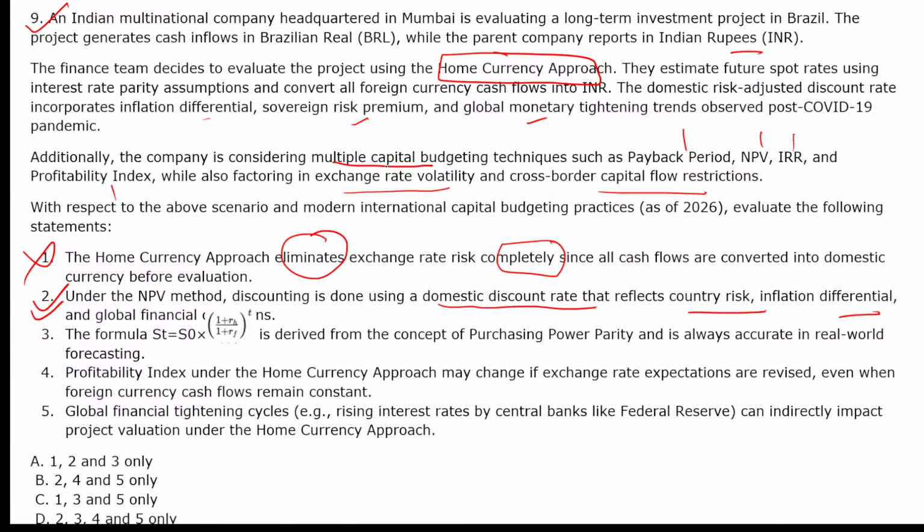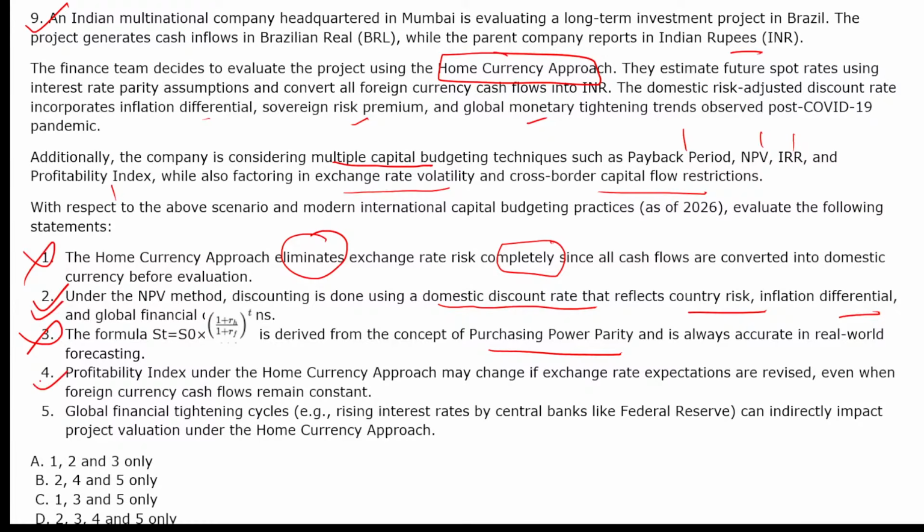Statement number 3. The formula ST is equal to S0 is derived from the concept of purchasing power parity and is always accurate in the real world. Wrong. It is never accurate. We have to find out if it is holding true or not. Statement 4: PI under home currency may change if exchange rate expectations are revised.